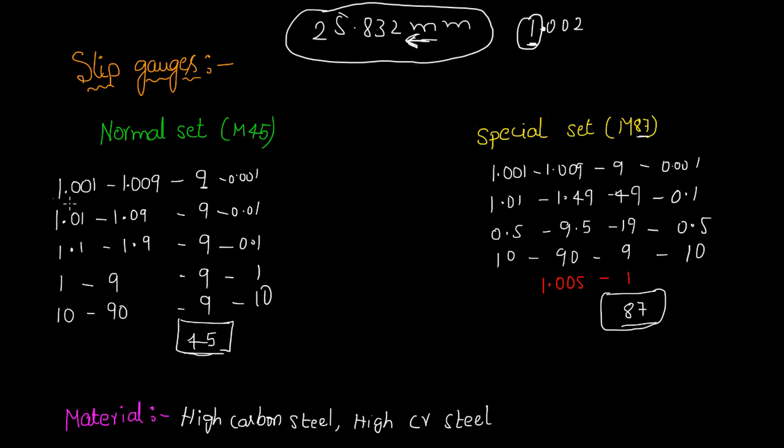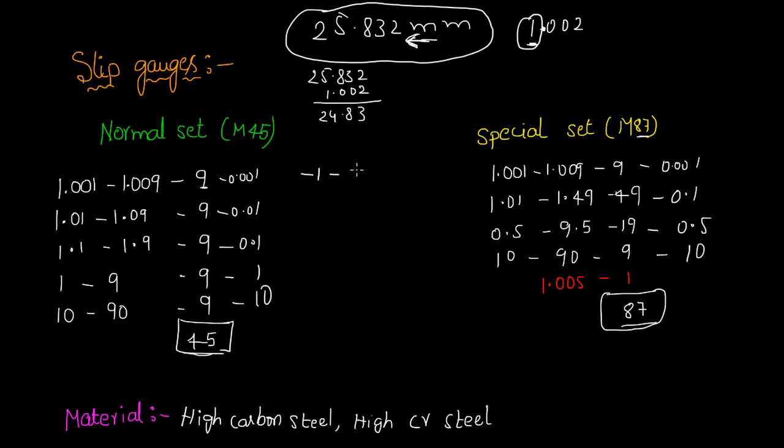So I am choosing one piece from the set. I am taking the difference of 25.832 minus 1.002, and that will give us a value of 24.83.